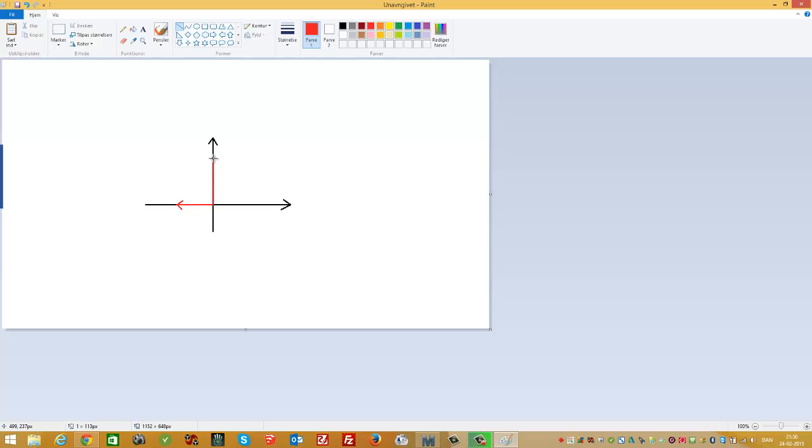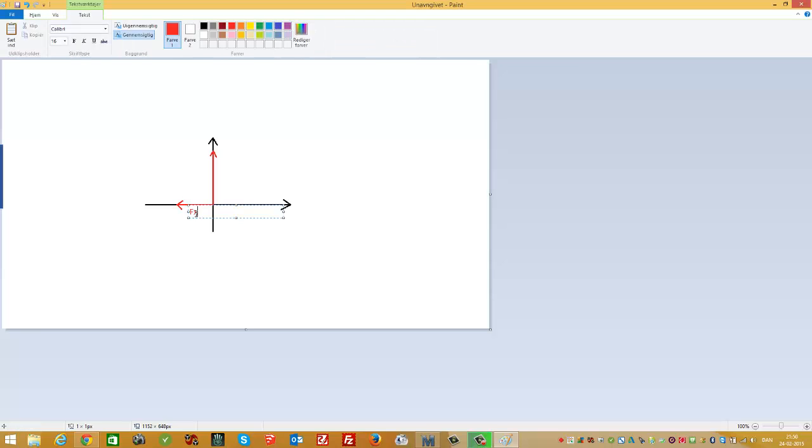And then the Fry was pointing like this, and it was bigger than Frx. Try again. That was better. So now I have here Fx, and here I have Fy.